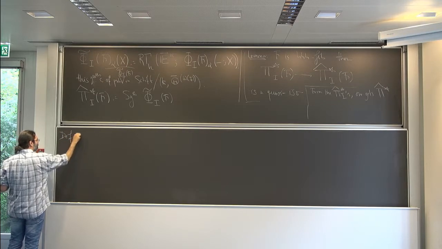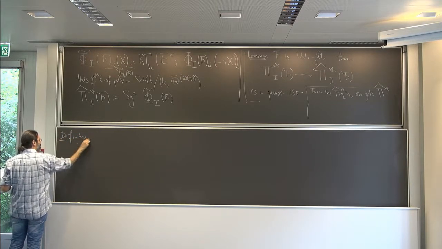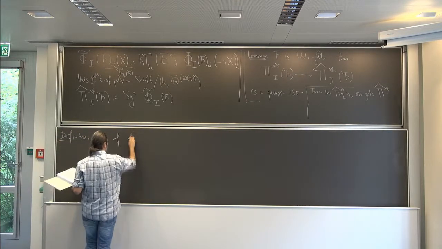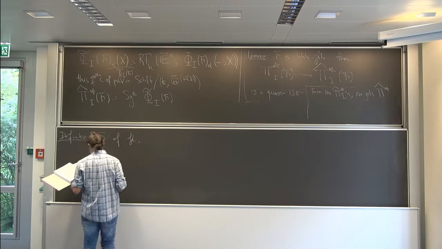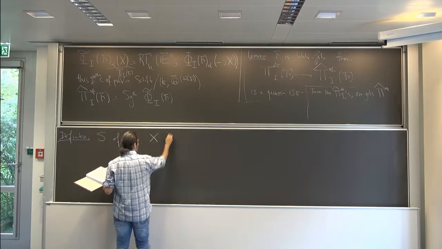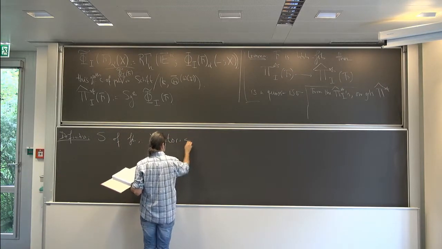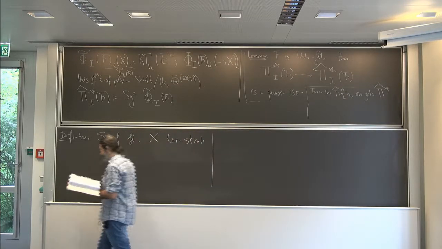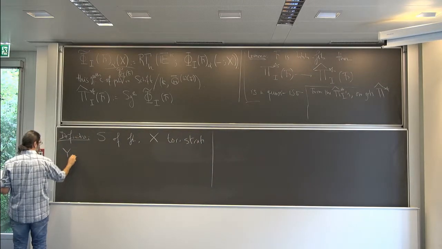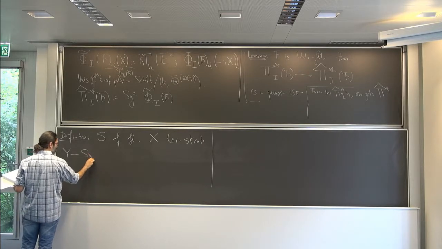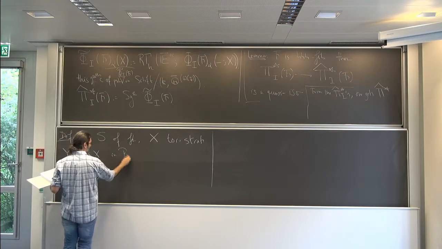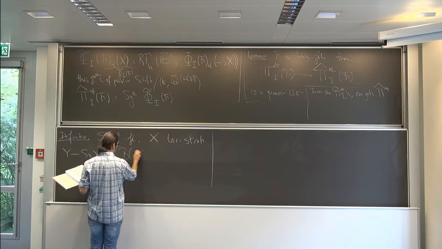Definition. Take S again of finite type, X toroidally stratified. Let's take Y in S times X in this category of blowups.